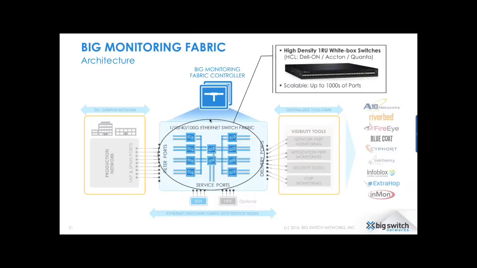It's very fungible in the sense that you can start with a single switch if you have a very small footprint to manage, and then you can expand it to thousands or tens of thousands of points in your network that you would want to tap and bring traffic back from. The other benefit, of course, is that these are the same switches, the same Broadcom ASIC based architecture that you're using in your production network. So very high density, top of the line switches are being used here.